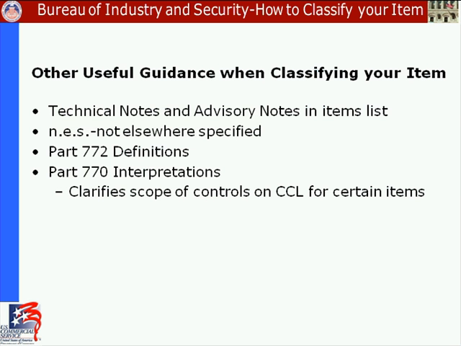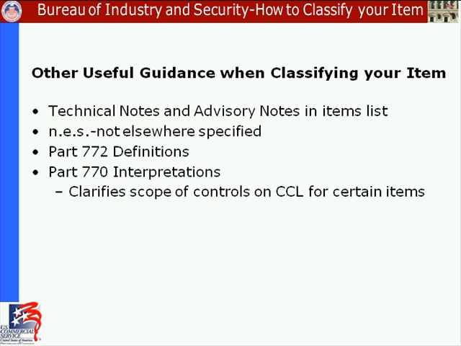For example, we have an interpretation that tells you if you export a system, an integrated system or one piece of equipment, and the equipment has a controlled component inside, we don't control the component inside the equipment. We control the system. So if you export the equipment, find out the equipment ECCN number.